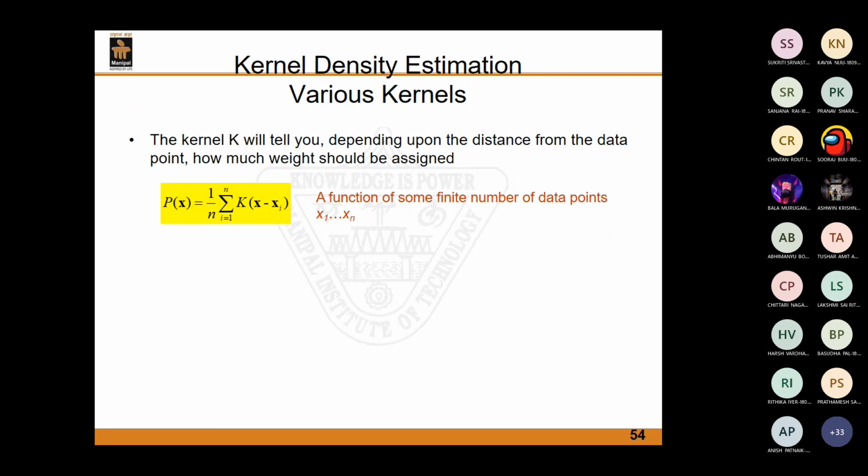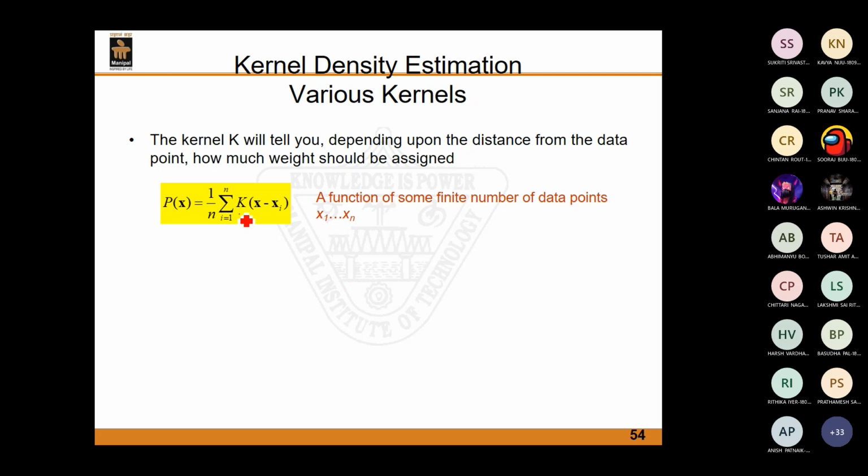Now, the equation which we just saw, you can generalize it for any kernel that you are using. We can write it this way: P of x is equal to 1 by n sigma i equals 1 to n k of x minus xi. We are not specifying what k is.